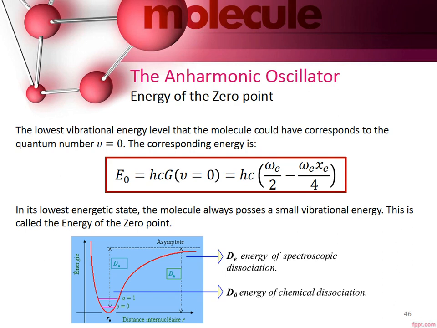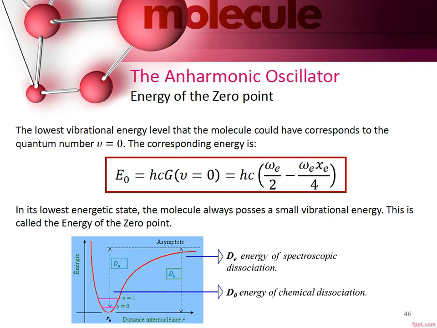When we talked about the harmonic oscillator, where we had h nu times v plus half, we said that the lowest energy level corresponding to v equals 0 was half something.